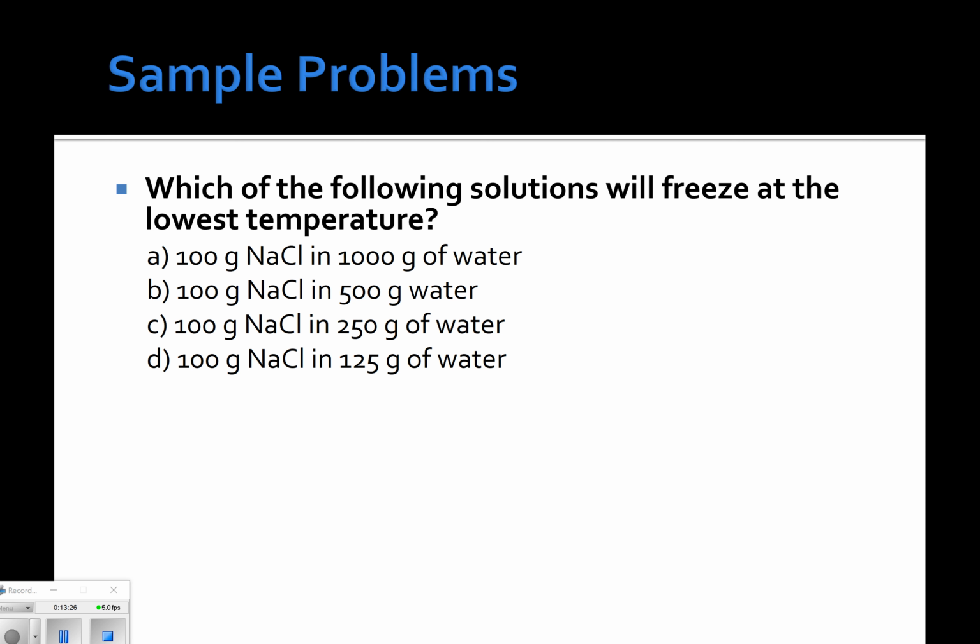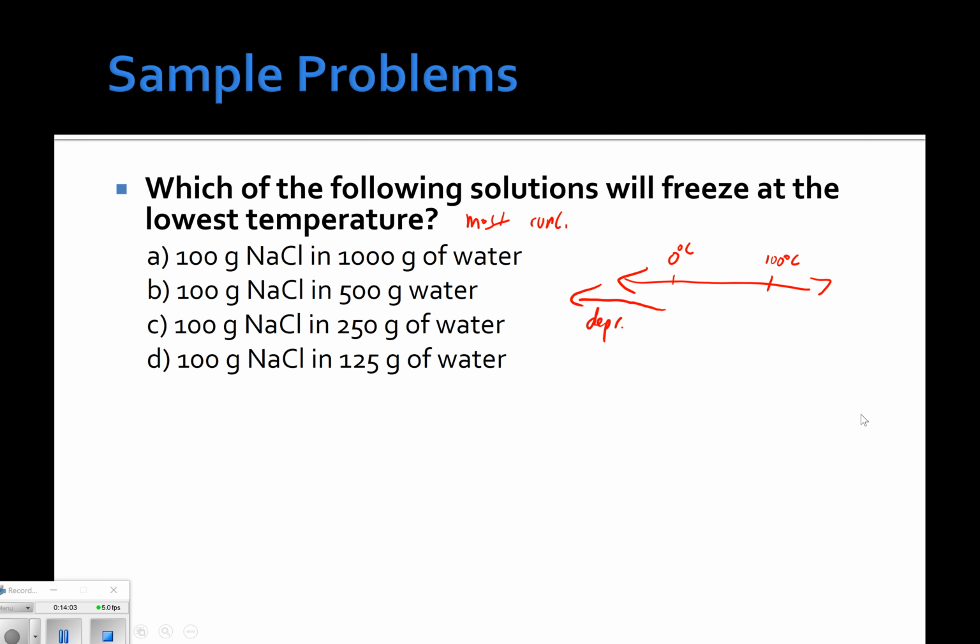Which of the following solutions will freeze at the lowest temperature? For each of these, feel free to pause the video and try these and check your work. If they're freezing at the lowest temperature, this is freezing point depression, which means we're going to want the most concentrated. The most concentrated will lower the freezing point most or raise the boiling point. We're kind of extending, if we think of our line here, 100 Celsius, 0 Celsius.